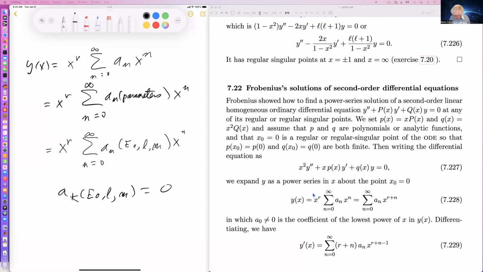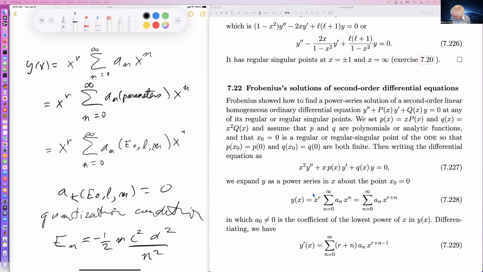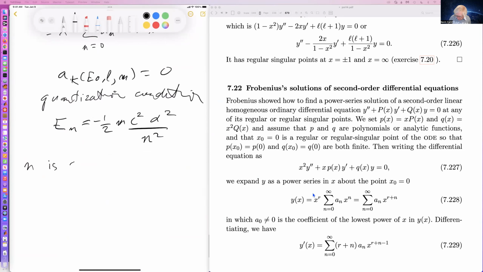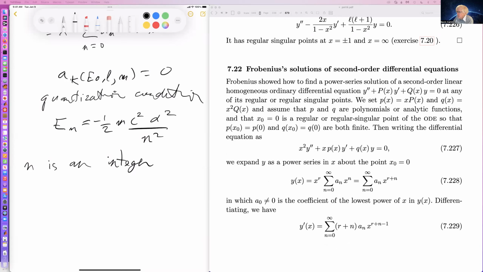So the series terminates, but this is a quantization condition. And in the hydrogen atom, the condition is that E_n is minus a half mc squared alpha squared over n squared, where n is an integer. Well, I imagine you've always seen that, but the way it shows up is when you apply Frobenius's method, you get this sort of problem.